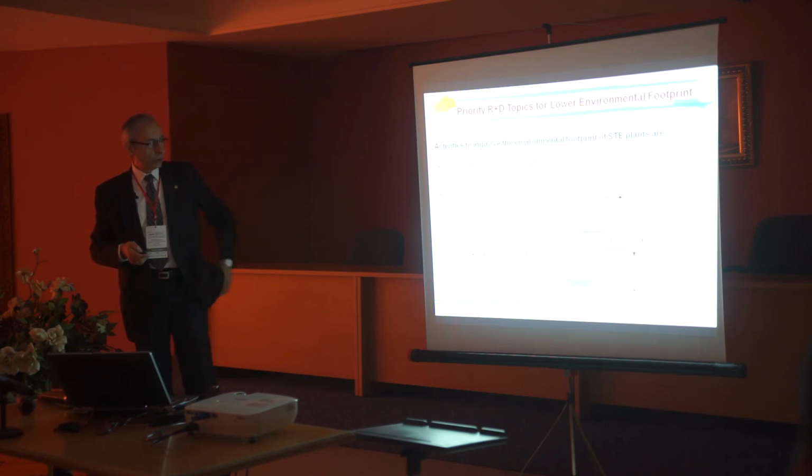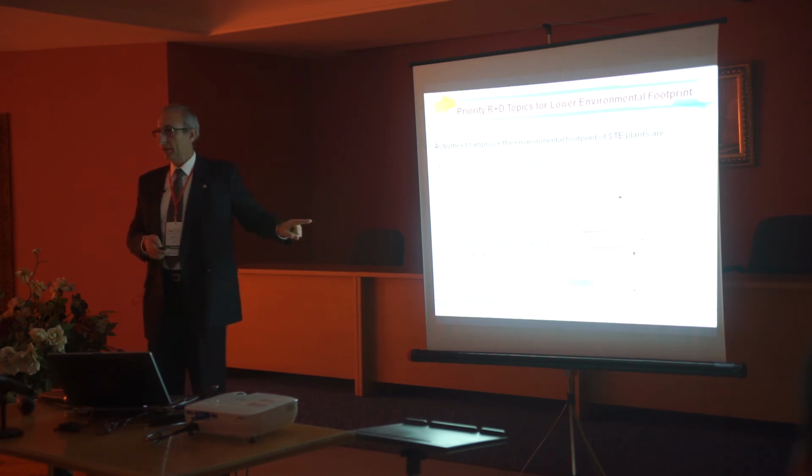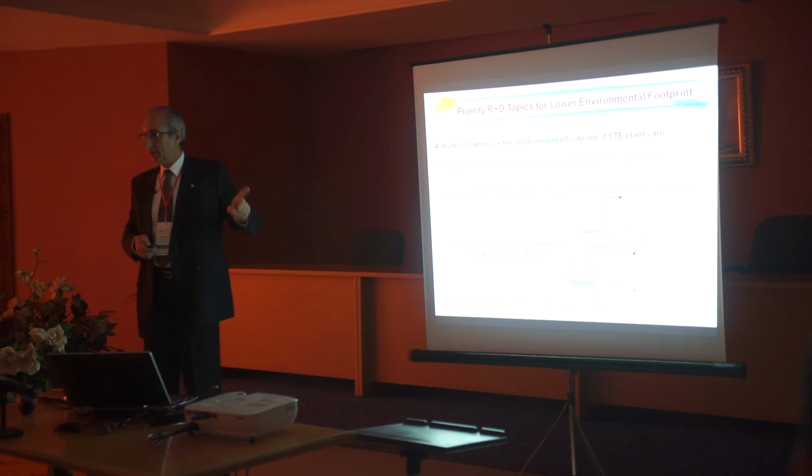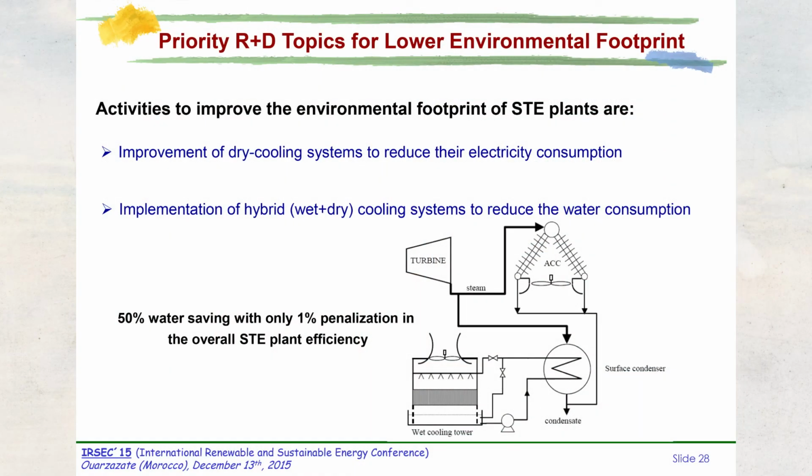We can also install a hybrid cooling system. This is also very interesting, because with a hybrid cooling system, we reduce the efficiency by only 1%, but we reduce water consumption by 50%.